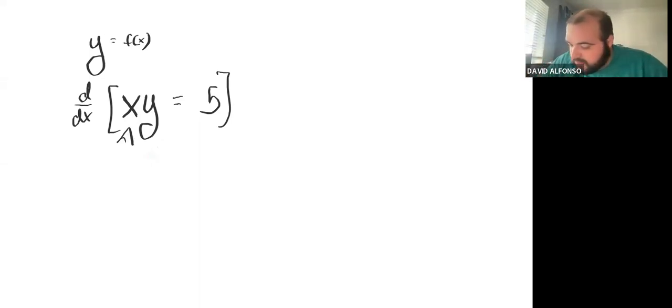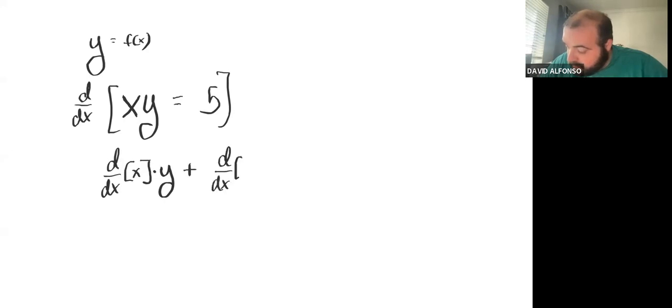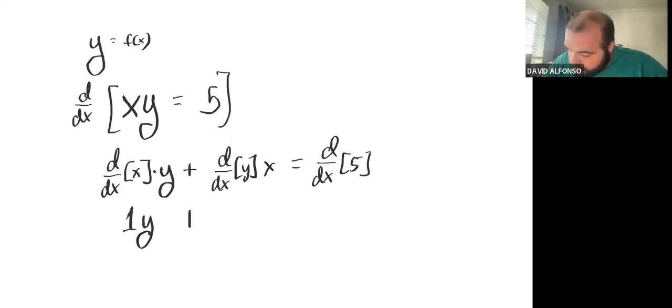So just to quickly show you how that would work, the derivative of the first function, the derivative of x with respect to x, times y, plus the derivative of y with respect to x, times x, equals the derivative of 5. So at the end, you get 1 times y plus x times dy/dx equals 0.